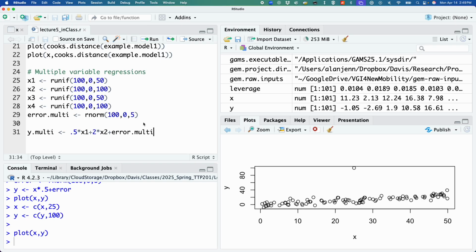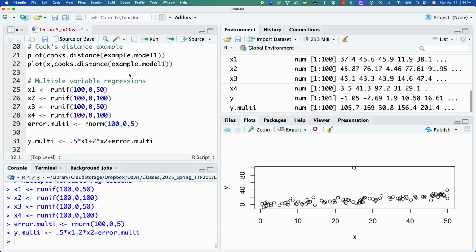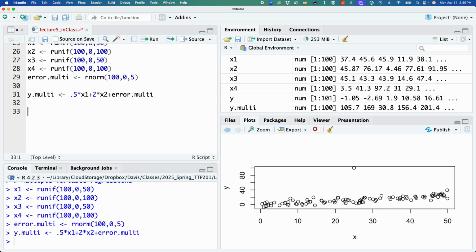It's not actually influenced by x3 and x4 at all. So I run all of these, and I'm going to plot each of the 4 variables against y and see what that looks like.